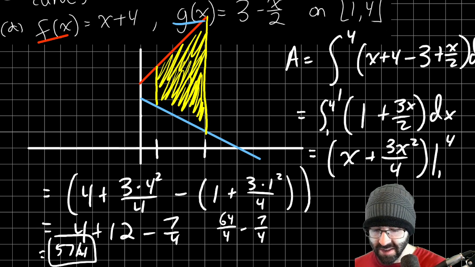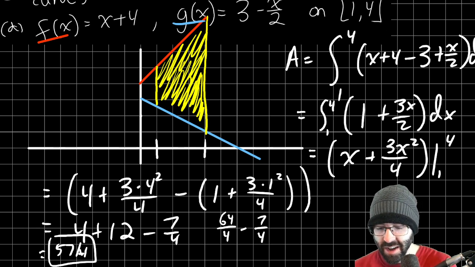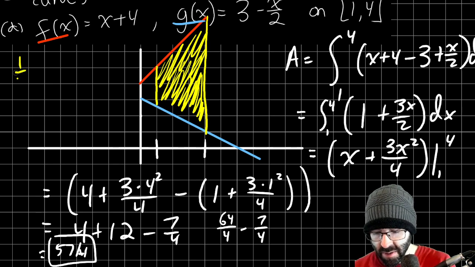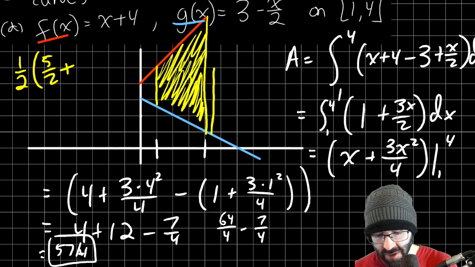is our answer. Let's check our answer with parallelograms. This height over here is 2.5. The area of a parallelogram is 1/2 the sum of the bases, so 2.5, I'll write as 5/2, plus the other base, which is 1, 2, 3, 4, 5, 6, 7. 7, I think.